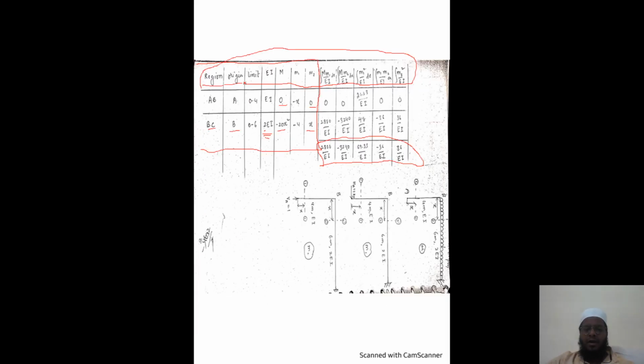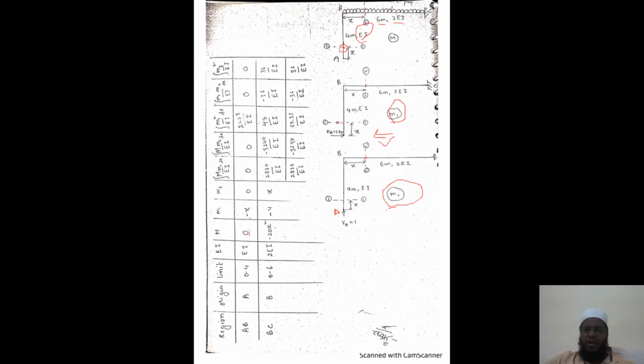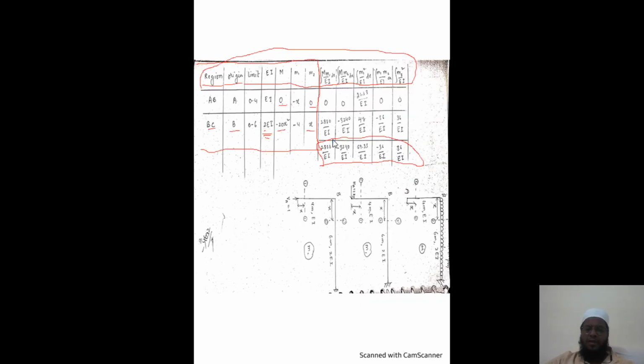Now what is this delta L? Delta L is capital M1 by EI into dx, then capital M2 by EI into dx. Now HA and VA, these are two unknowns, right? Always remember, in the M1 diagram we have provided HA, so my first value in this one will also be HA, then the second value will be VA.